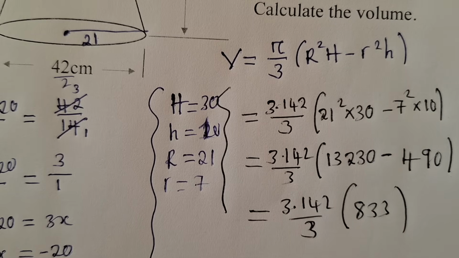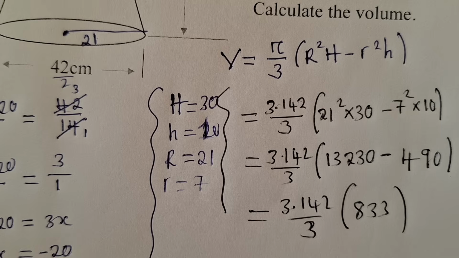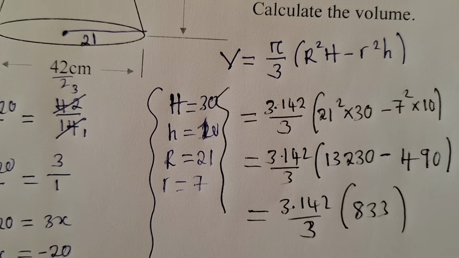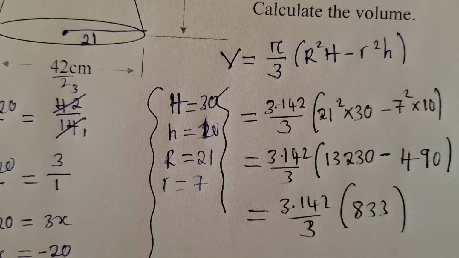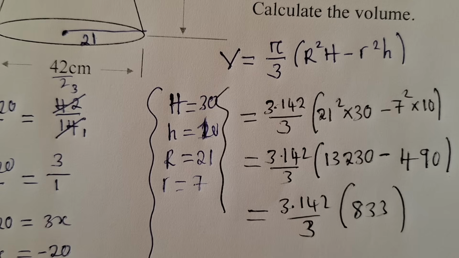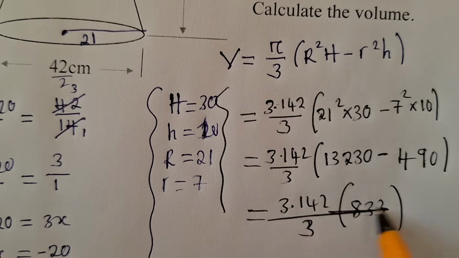I'm just confirming here to make sure that what we are getting is how it's supposed to be. 13,230 minus 490, this is giving us, okay, I think we missed somewhere. That's not what we're supposed to get. We're supposed to get 21 squared times 30 minus 7 squared, okay, times 10. So this is giving us something different.